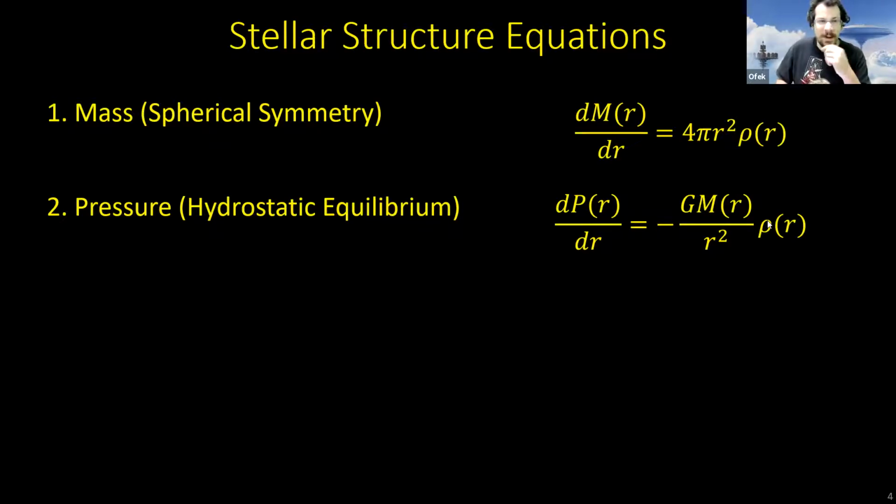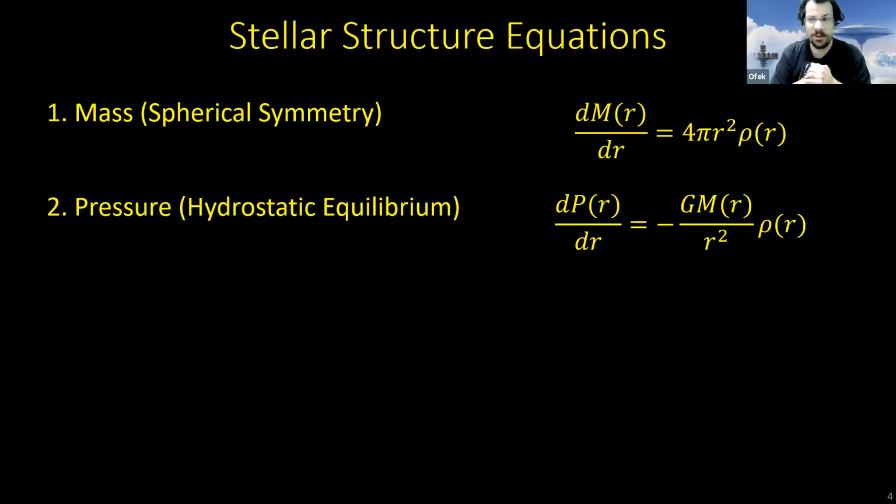Every element of mass, or any layer of mass at radius r, has to be exactly balanced between the gravity pulling it in, which is G times the mass up to radius r times the mass of the same element, and the difference in pressure between the pressure from below pushing up and the pressure from above pushing down.